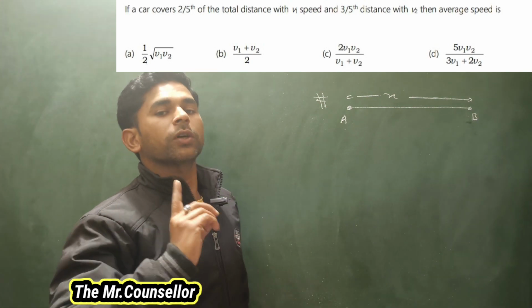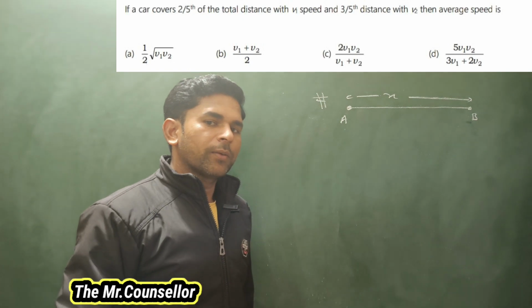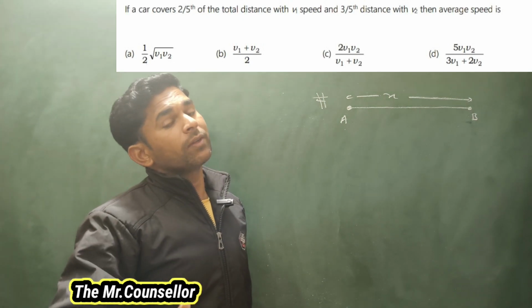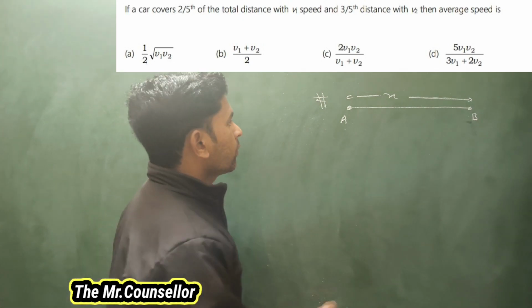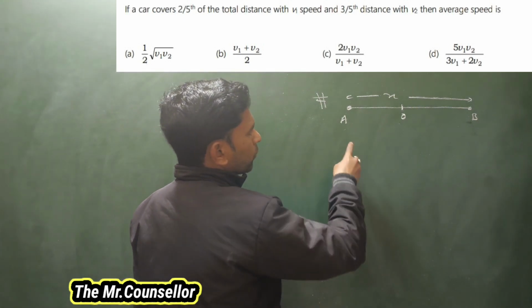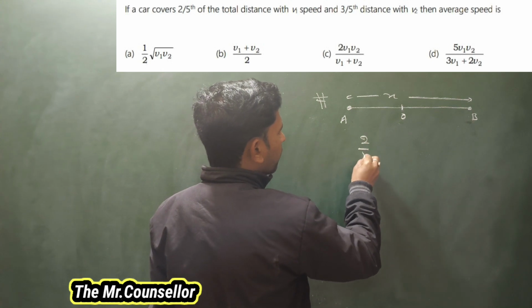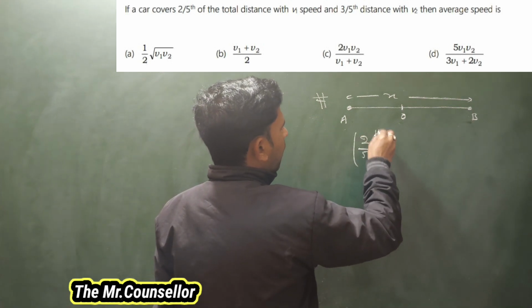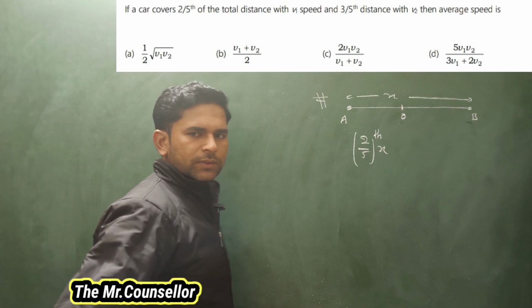When the car has speed v1, the covering distance, let us say A to O, is 2/5 of the total distance x.